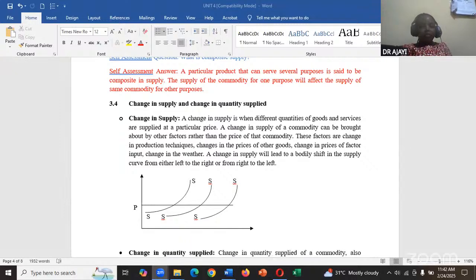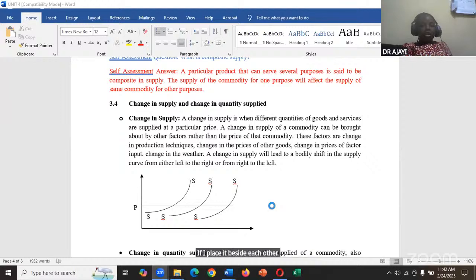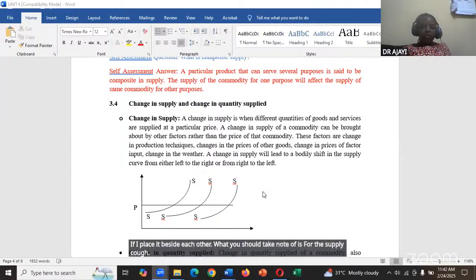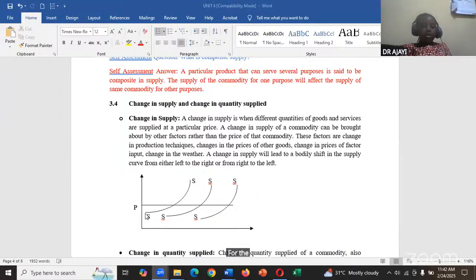If I place it beside each other, for the supply curve, it slopes upward from left to the right. And the change in supply is the bodily shift in the supply curve.